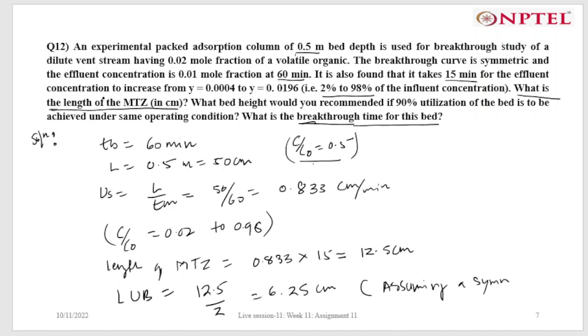Here I also mentioned the breakthrough curve has a symmetric wavefront.